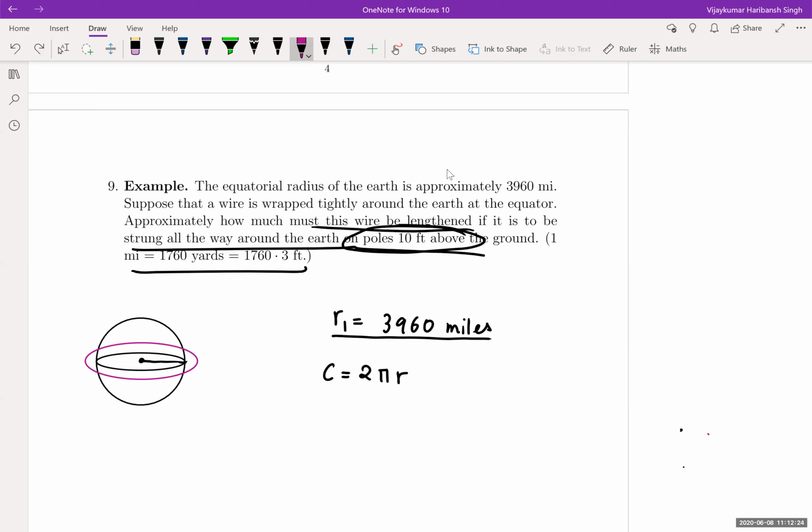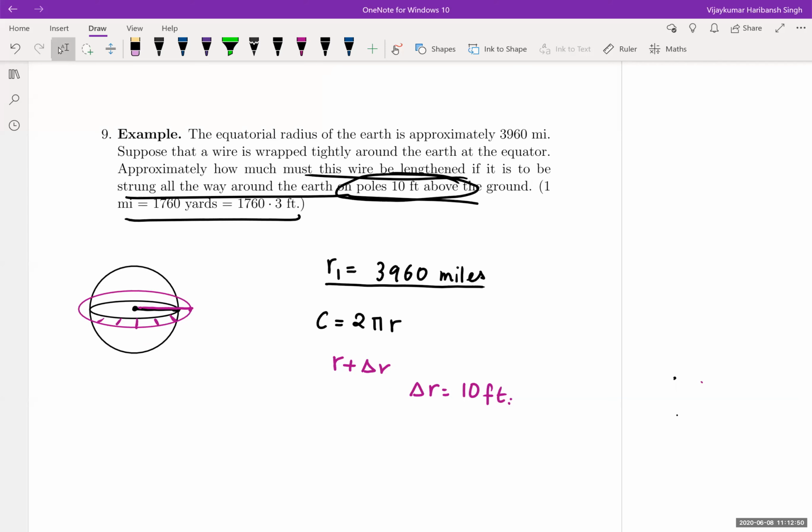So the length of these things is 10 feet. So let's see, what is the new radius? The new radius is r plus delta r, and your delta r is 10 feet.